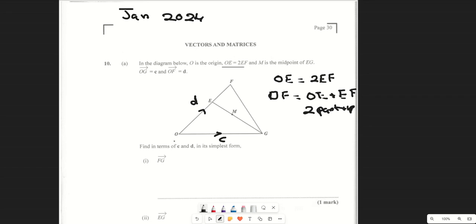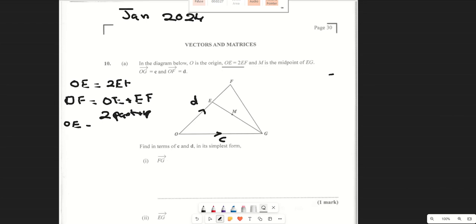So OF, not OE, OF, is 3 parts. We are just dissecting this, okay? And then we know that D is equal to 3 parts.